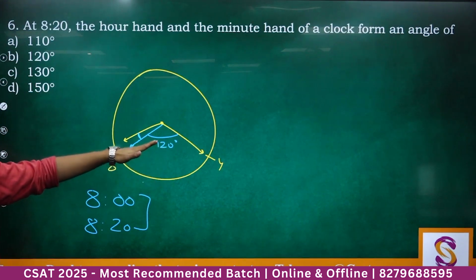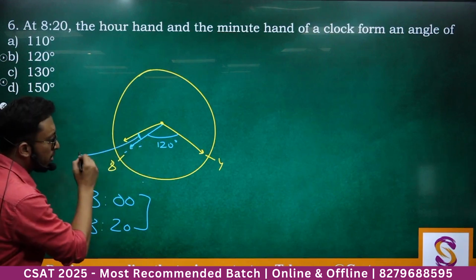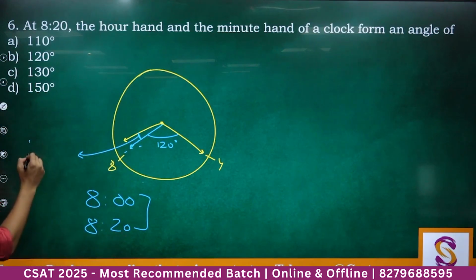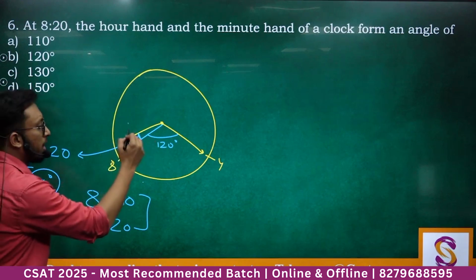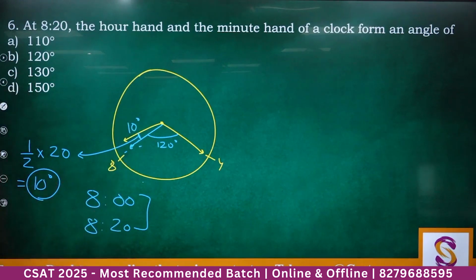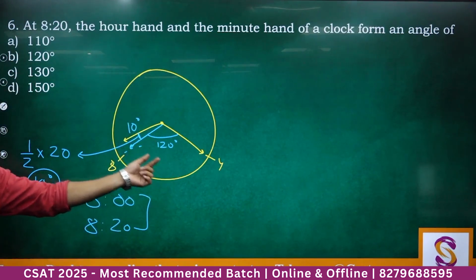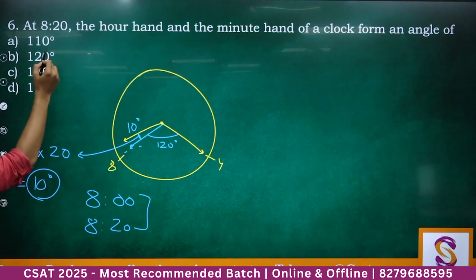It is increasing this angle. कितना rotate करा? It rotates by half degrees per minute, and for the next 20 minutes it will rotate by 10 degrees. So it has increased this particular angle by 10 degrees. So net angle will be 10 plus 120, 130 degrees.